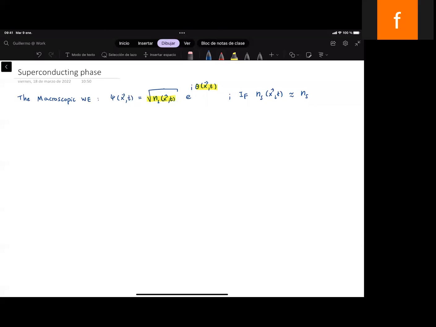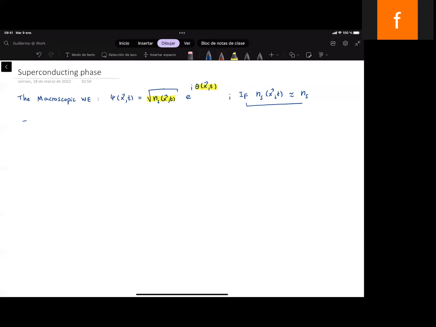So first of all, let me show you what happens if we assume this approximation here. Specifically, let me show you what happens with the superconducting density current that we showed previously.